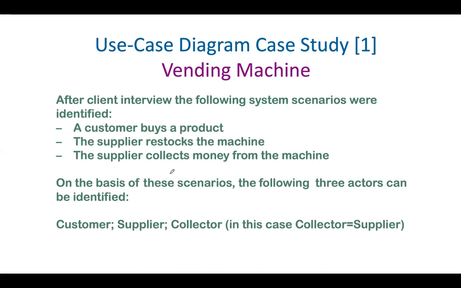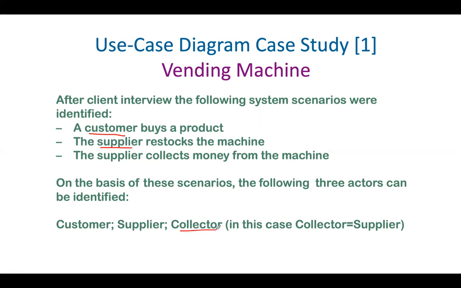Now, on the basis of these scenarios, the following three actors can be identified. We have the customer, who is an actor. We have the supplier, who is another actor, as well as the collector.